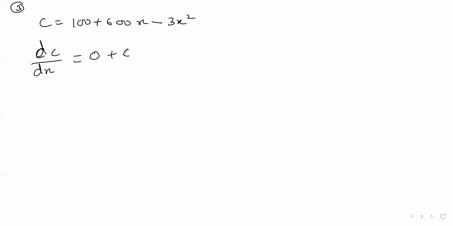Now the next one. Question number 3. The total cost function for production of x articles is given as 100 + 600x - 3x². We have to find the value of x for which total cost is decreasing. So this is the cost function. I want the value of x for which it is decreasing, so I'll first find the derivative. That will be 0 + 600 - 6x.